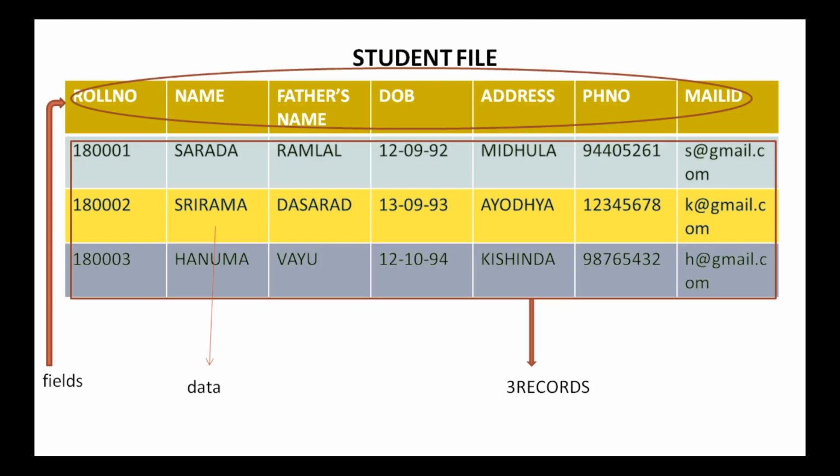Here the first row describes 18001 Sharada, the second row 18002 Sri Rama, and the third record 18003 Hanuma. So this file contains three records, and the collection of three records is known as the student file.